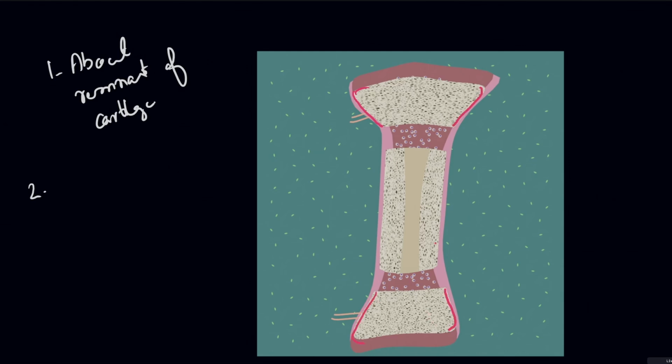But still this epiphyseal region also undergoes similar phases as the diaphysis. Here also the cells undergo hypertrophy, they swell up. Here they also secrete the calcified matrix. Here also the periosteal bud forms, and here also the bone forms very similarly as in the diaphysis.